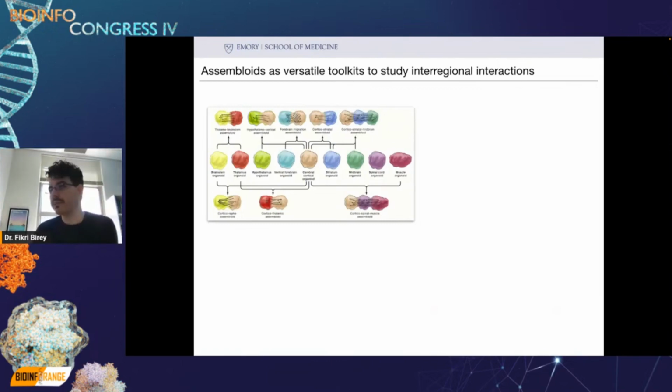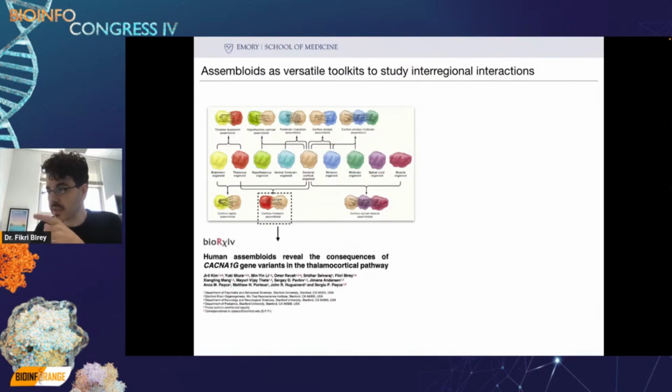And we described the first assembloid model in 2017. After that, several novel assembloid models followed, modeling various interregional interactions that arise during human brain development. I'm highlighting a few of them here, and actually going to highlight the latest one. This is a preprint that came out a day or two ago, where we built an assembloid model of thalamocortical connectivity.